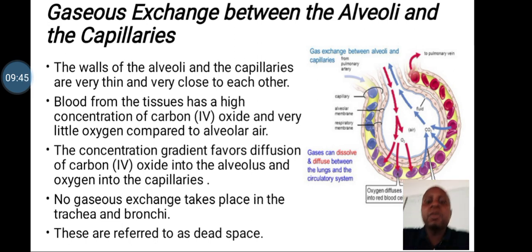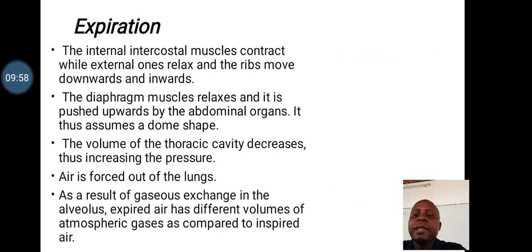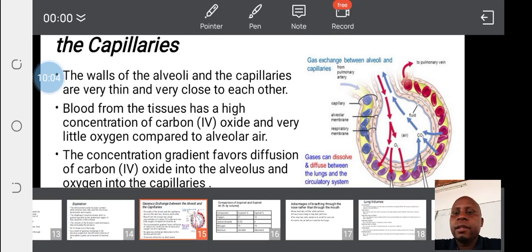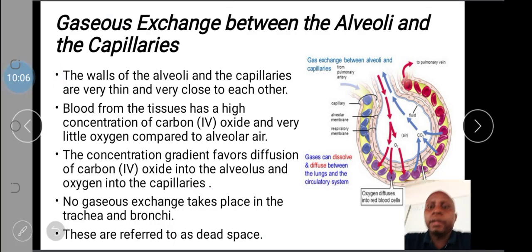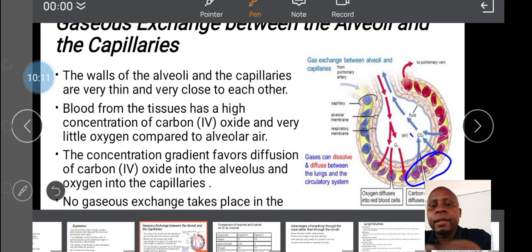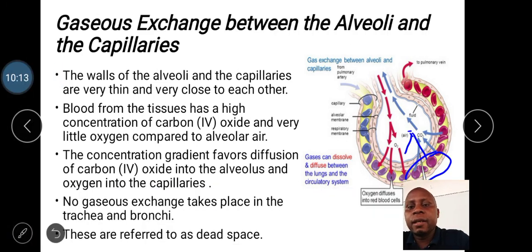This is because oxygen is highly concentrated in the air than in the blood. Therefore, it moves into the blood by diffusion along the concentration gradient. On the other hand, carbon dioxide is highly concentrated in the blood than the air. Therefore, it moves into the air by diffusion.